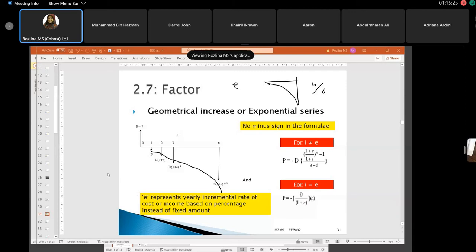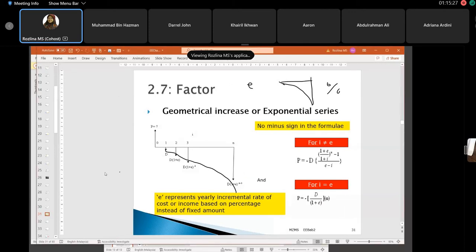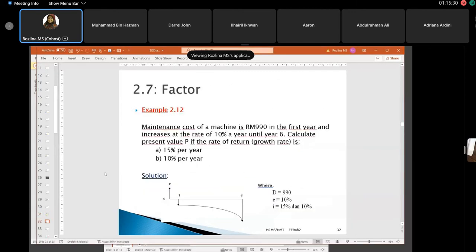Okay. Look at the explanation here. Okay, maintenance cost of a machine is 990 ringgit in the first year, and increases at the rate of 10%, but its incremental rate is 10%, not 10,000 or 10 ringgit, no, 10% a year until year 6.